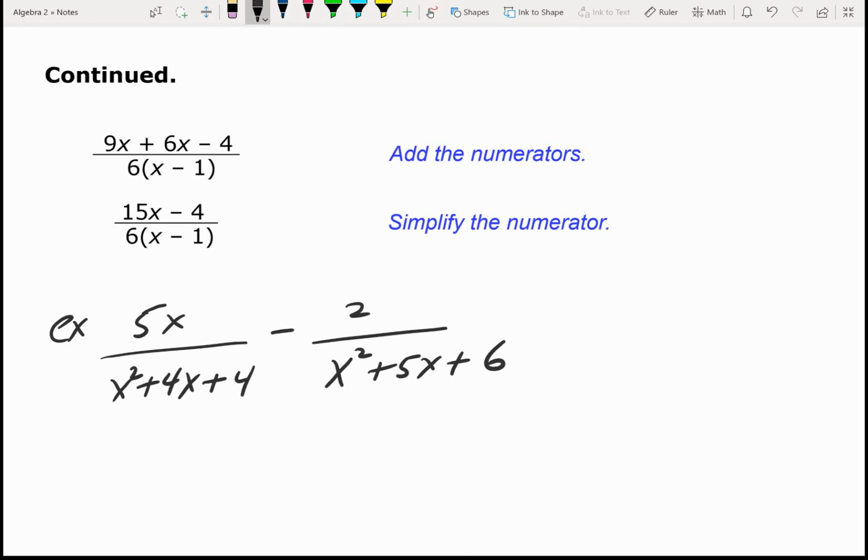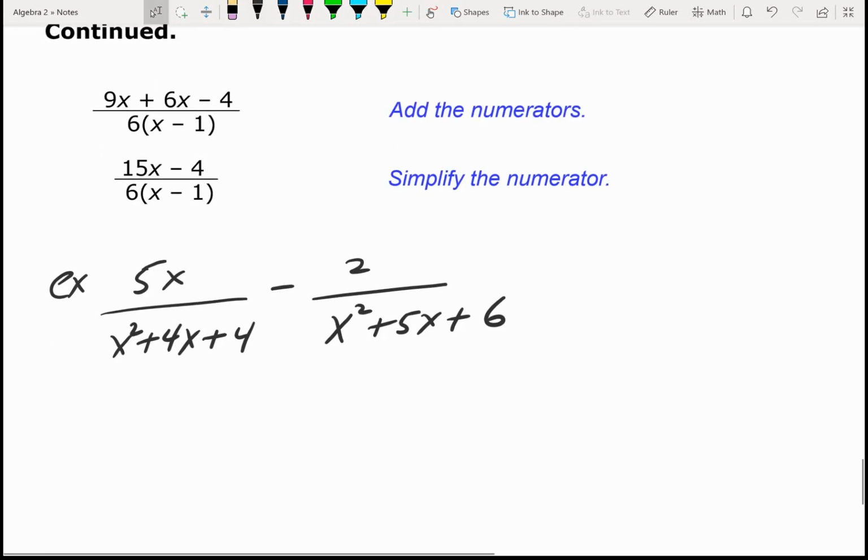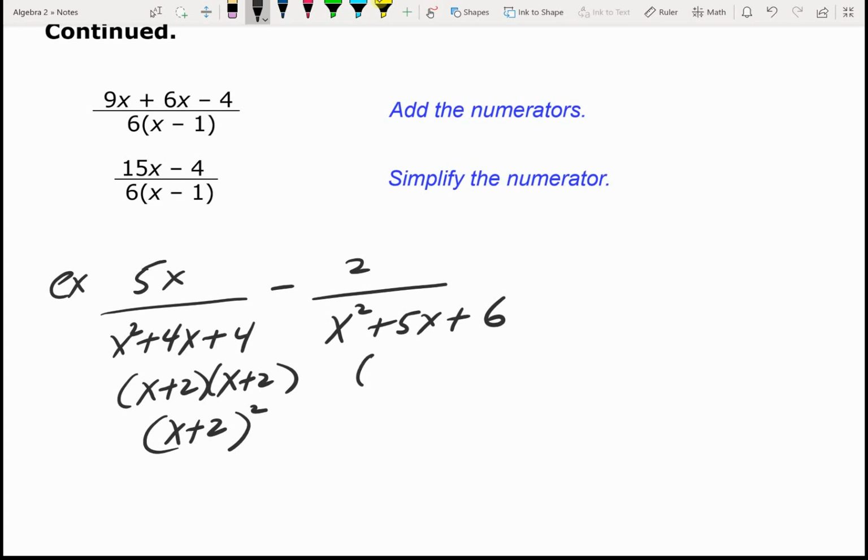So step number one, we have to find the least common multiple. When I factor x squared plus 4x plus 4, I'll get x plus 2 times x plus 2, or x plus 2 squared. Now when I factor the other one, I'll get x plus 2 times x plus 3.